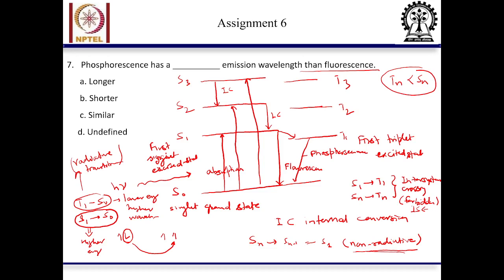Anyone can just write in the chat box that it is clear for you. Thank you. You have to get the concept: on absorption the molecule goes to the excited state, and how that activated molecule comes back to the ground state. One more process is there, vibrational relaxation, which I'm not going into.